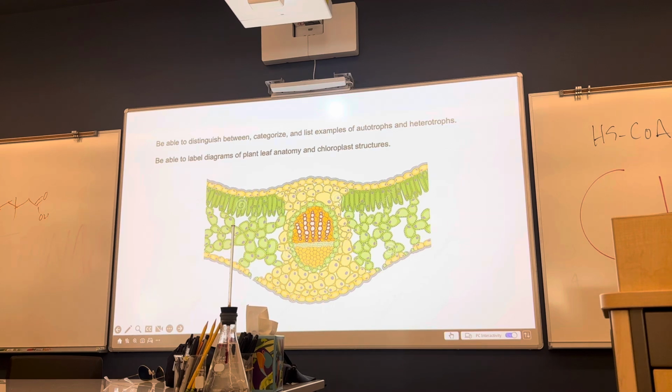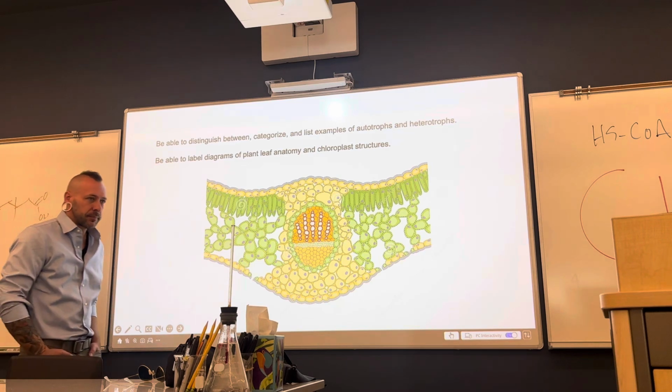Embedded in the thylakoid membrane is where we find all the photosynthesis proteins. They are in the thylakoid membrane, and they are surrounded by stroma. Yeah, stroma, not stoma. Stroma with an R is the fluid interior of a chloroplast.